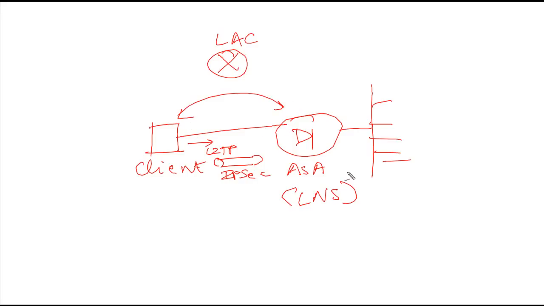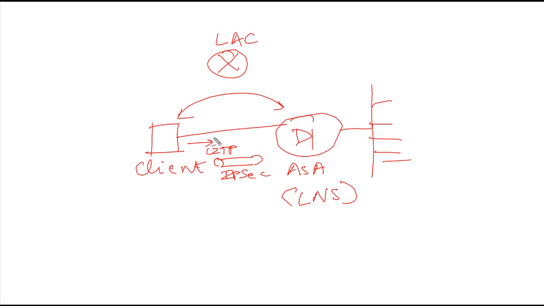The advantages of this are mainly two. One is the remote user or the client can access the L2TP network or the backbone network or the private network from virtually anywhere on the internet without the need of an LAC. Isn't that cool? And number two, the client does not need any additional software for setting up this L2TP connection or this IPSEC connection.